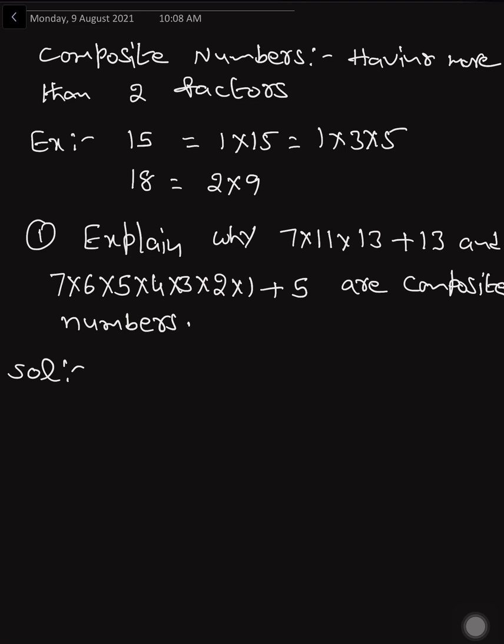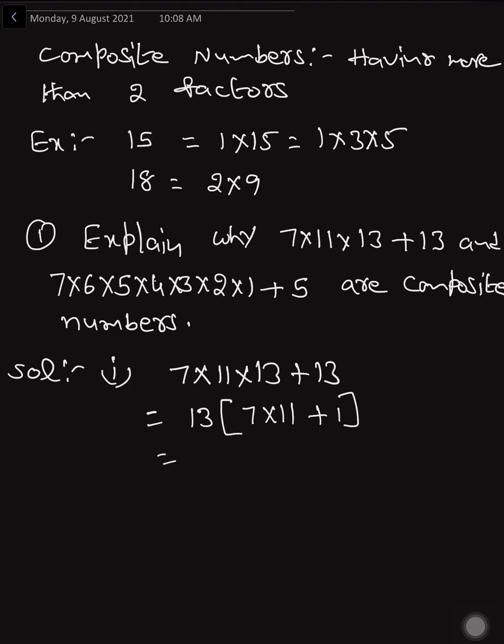Solution. First problem, 7 into 11 into 13 plus 13. Here 13 is a common factor. So take 13 common. Remaining are 7 into 11 plus 1. Here 7 into 11 is 77, plus 1.